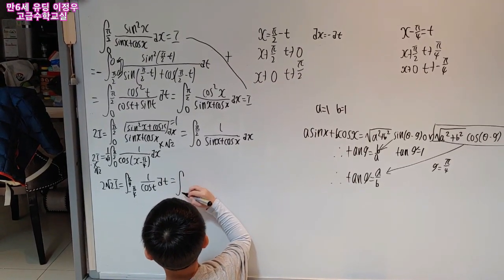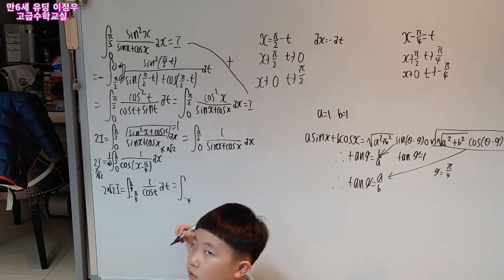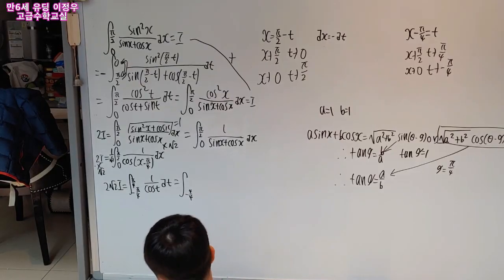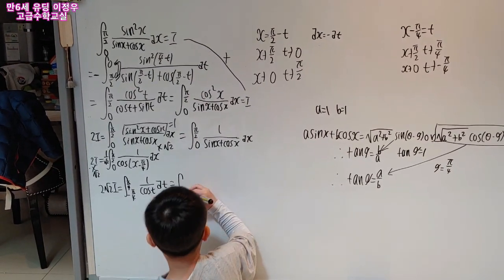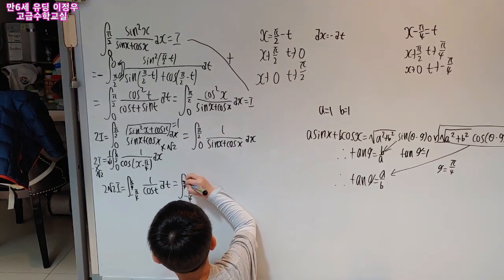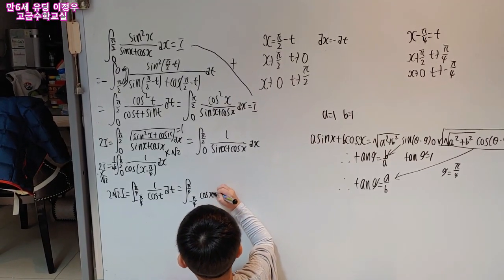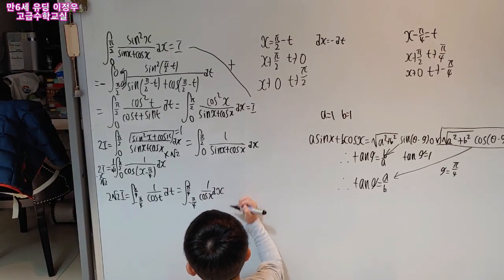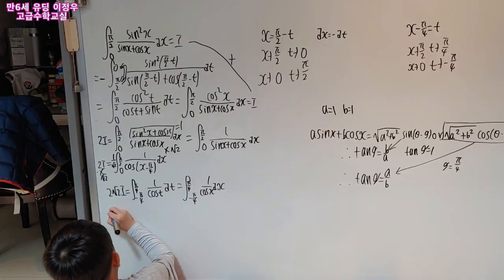So this is the integral from negative pi over 4 to pi over 4 of 1 over cosine x dx.